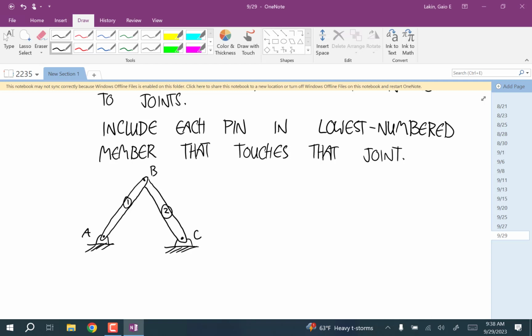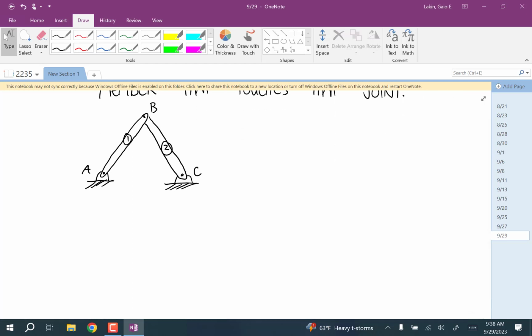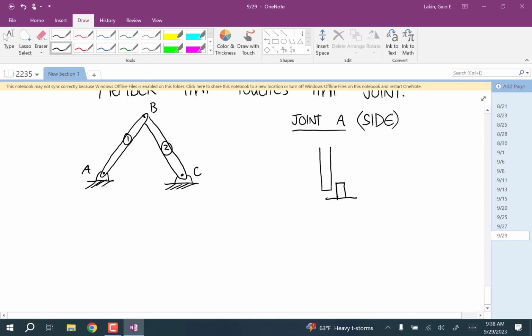Okay, sort of an idealized side view. You wouldn't want to make a joint that actually looked like this, but this is how we're going to think of it. So at joint A, there is the bracket, and there is member 1. And those 2 are connected by a pin, but they don't touch each other. Okay? Can you visualize that?